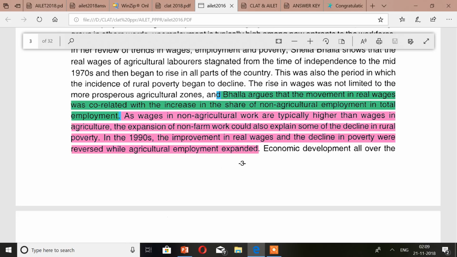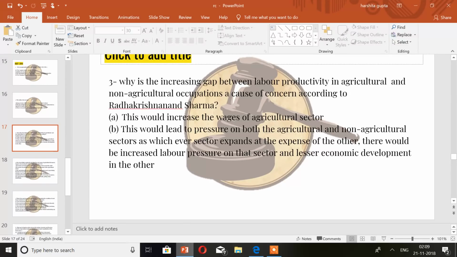See, they are basically saying that if agriculture and non-agricultural both have different levels of wages and income, then the area which will have higher wages, people will move on to that sector. So that will be crowded, overcrowded. So that is what the problem is. Now option B beautifully brings out the problem that this would lead to pressure on both the sectors.